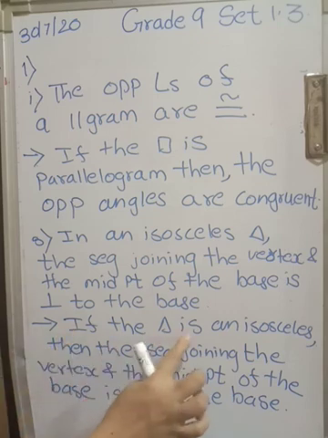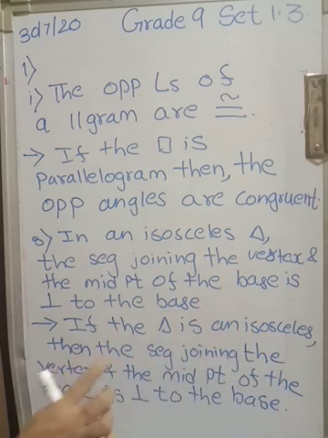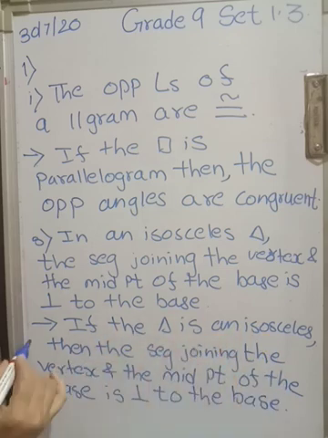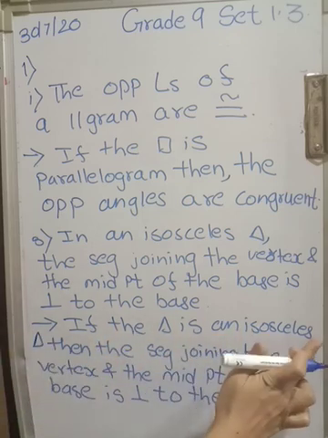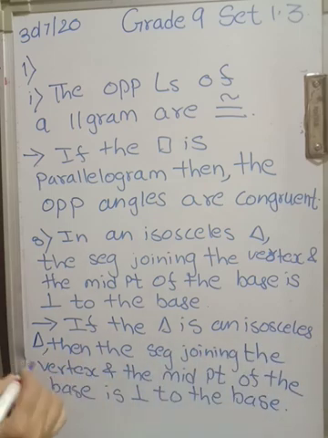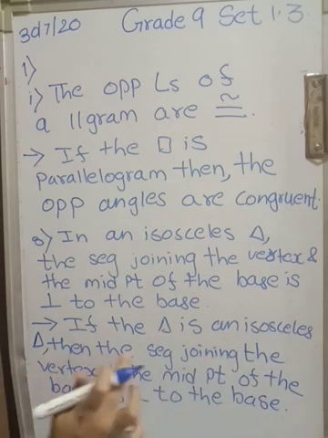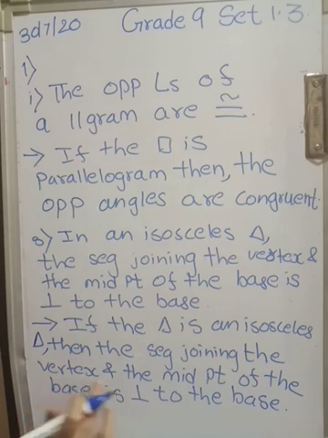If the triangle is an isosceles triangle, then the segment joining the vertex and the midpoint of the base is perpendicular to the base. So this is how you have to write your if and then form of statements.